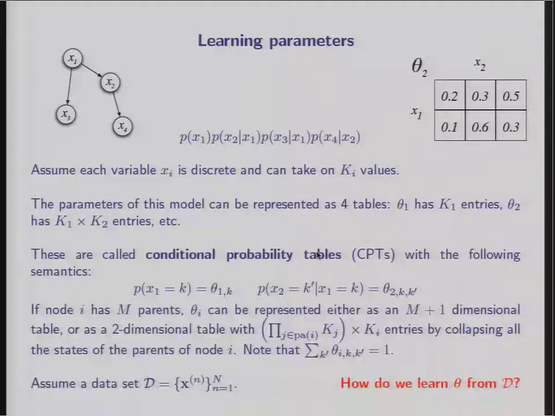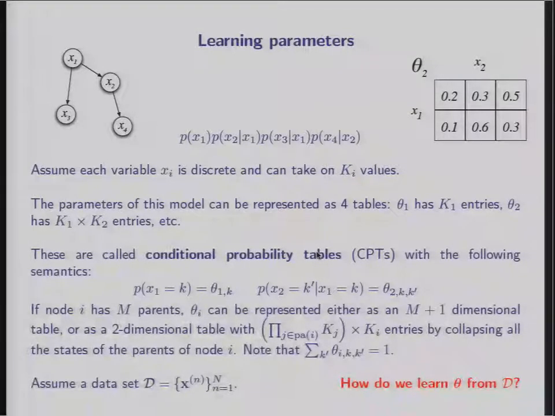This can be slightly complicated because a node can have multiple parents, so you have an array representing this. But we can always represent this as a 2-dimensional table by collapsing over all exponentially many values of the parents of a node as one of the axes of the table, and then the child is the other axis.